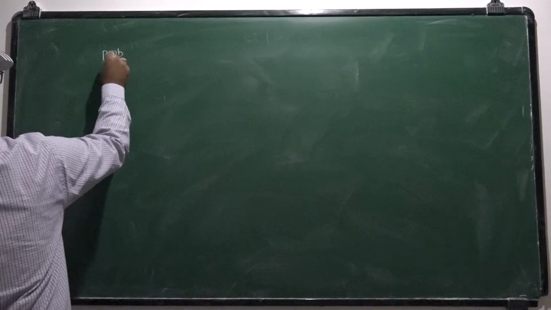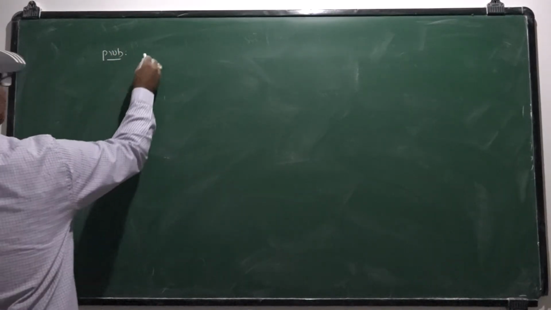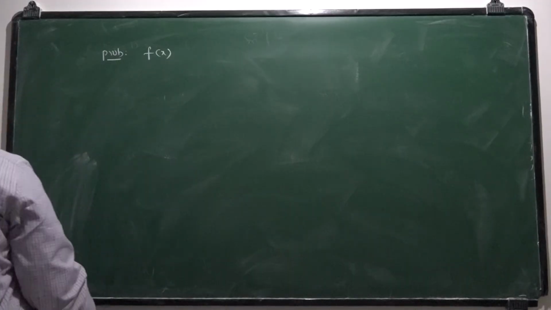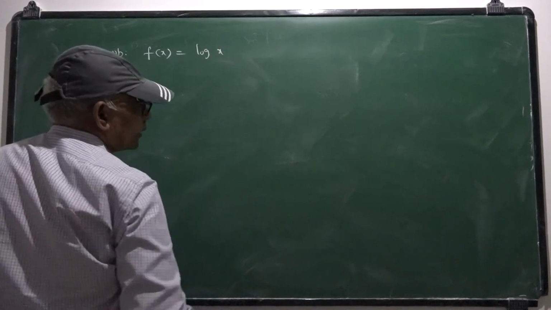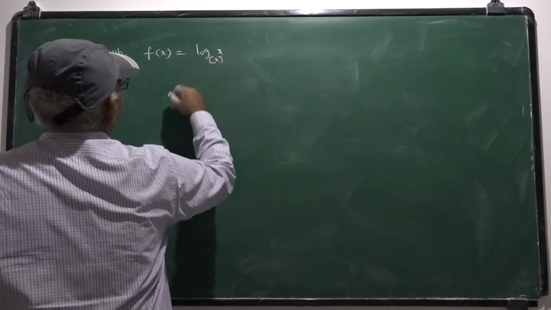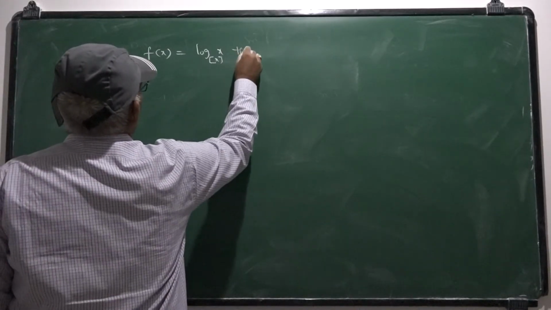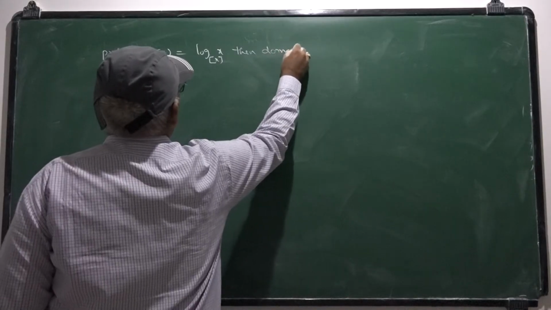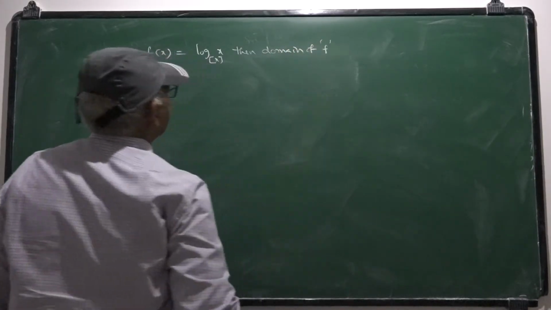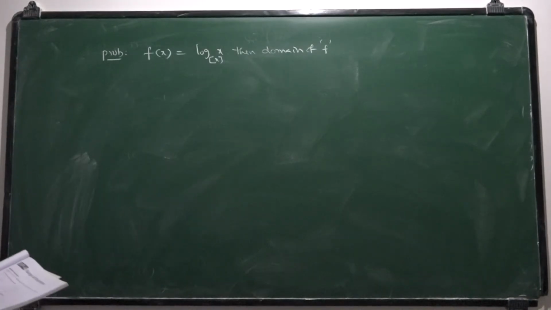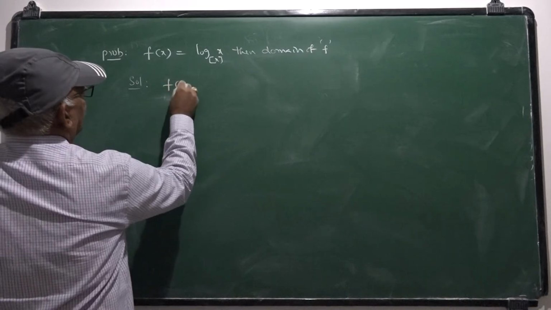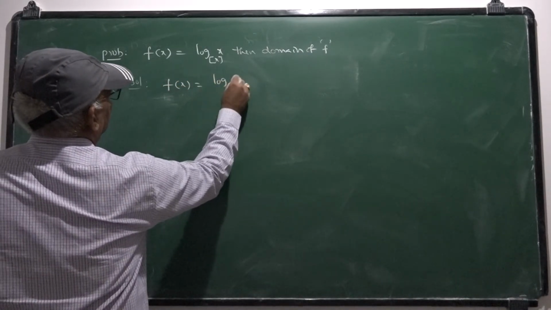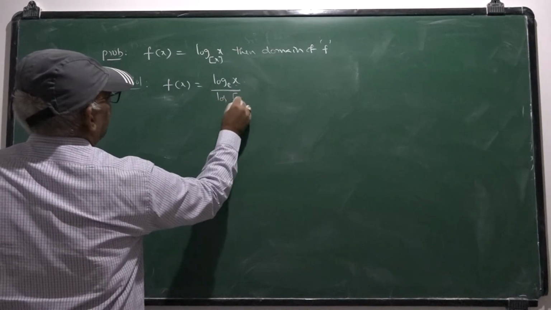Next, f(x) equal to log x to the base step x, then domain of f. f(x) equal to log x to the base step x, then domain of f is, f(x) equal to log x to the base e by log step x to the base e.